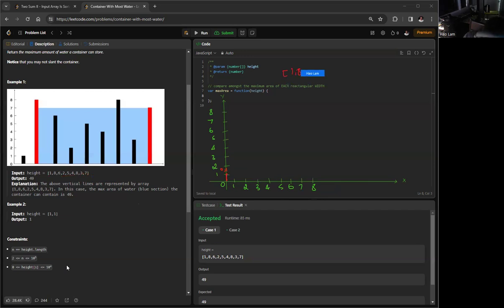By the way, we are using the first example here: 1, 8, 6, 2, 5, 4, 8, 3, 7. So we have the index here, 0 with height 1, 1 with 8, 2 with 6, 3 with 2, 4 with 5, 5 with 4, 6 with 8, 7 with 3, and then 8 with 7.